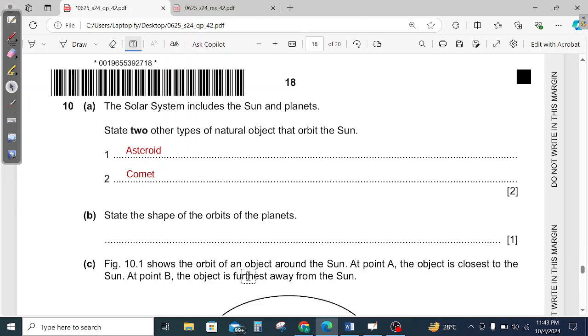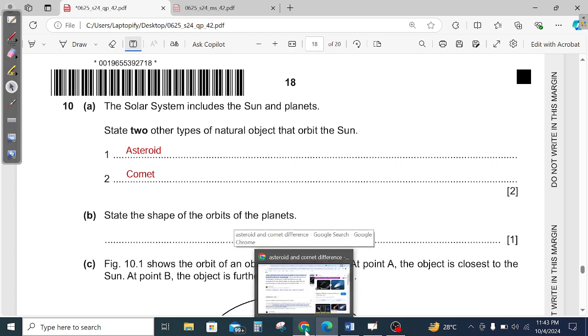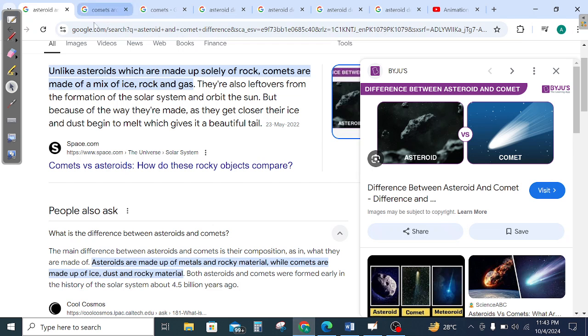So I will show you it in Google so that you can understand what that is. As I have underlined here, what is the difference between asteroids and comets? You must understand it.